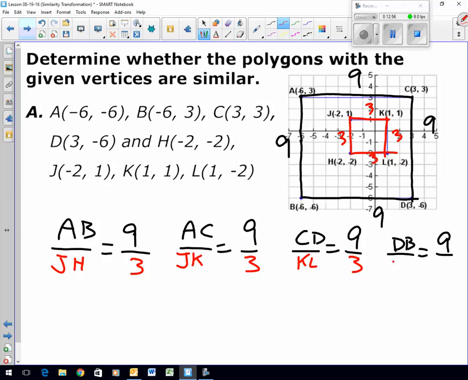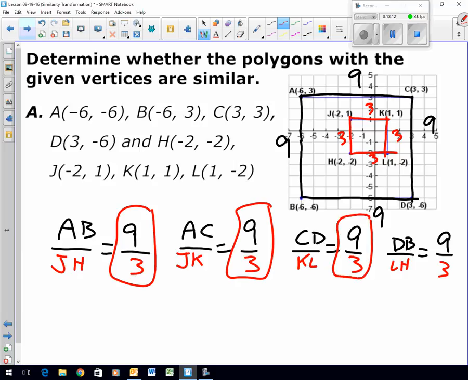DB and LH is 3. Are those sides proportional? Do they have the same ratio here? What's the simplified fraction 9 over 3? Good. 3.